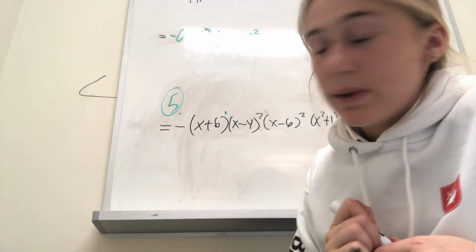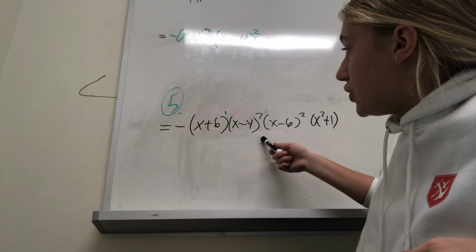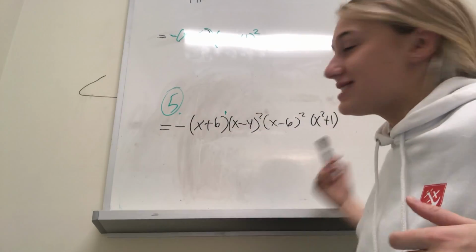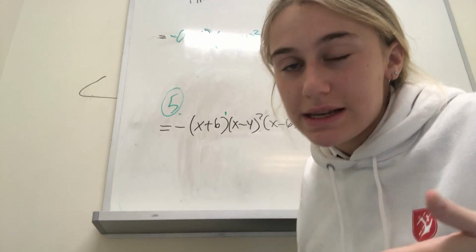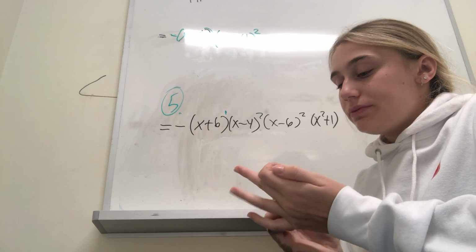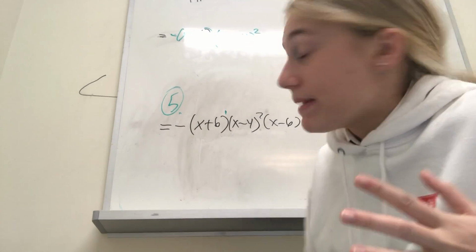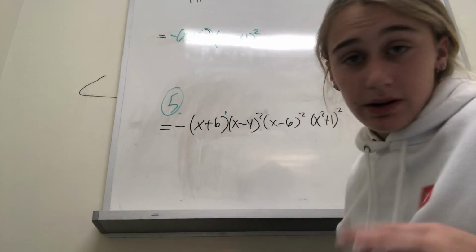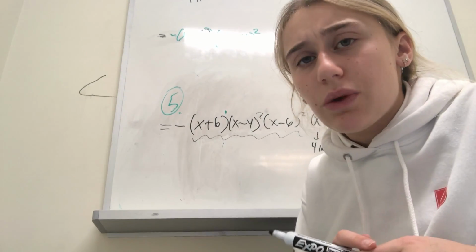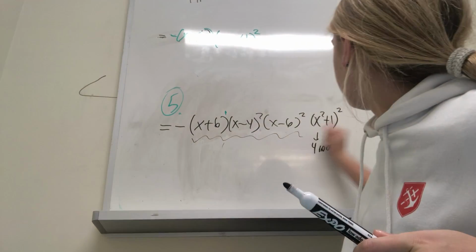So now we see that we have 1 plus 2, which is 3, plus 2 is 5, plus 2 is 7. So we're still missing a 2. However, we can make this one squared. Now we know it's a degree 9 function. But you're probably wondering, how do we know that this has 6 turning points?